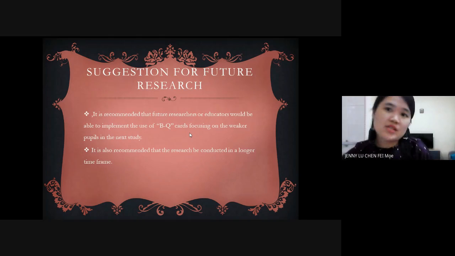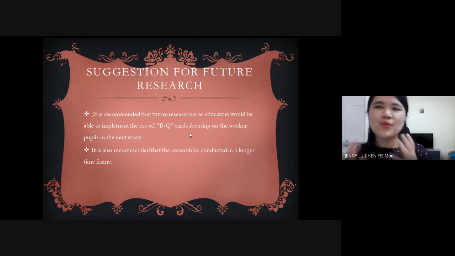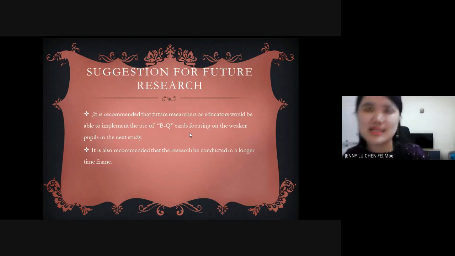I would like to make suggestions for teachers who would like to conduct future research based on this study. I recommend that you implement the use of BQ cards and focus it on the weaker students in the next study.